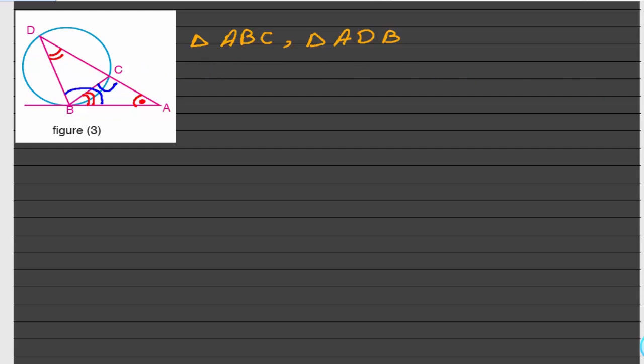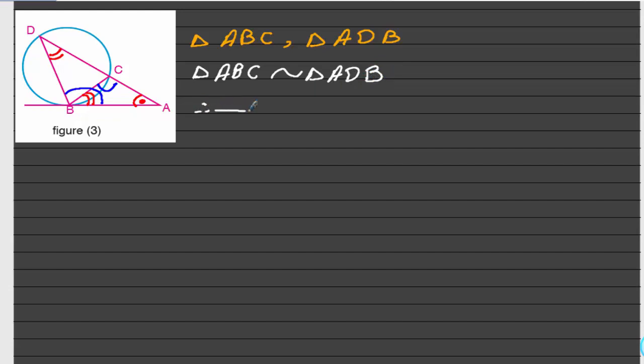And you can write that triangle ABC is similar to triangle ADB. So the corresponding sides are proportional.